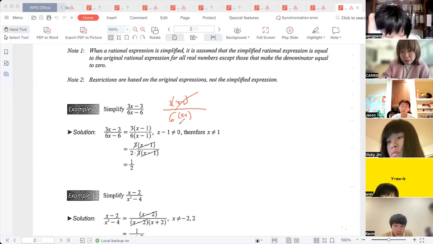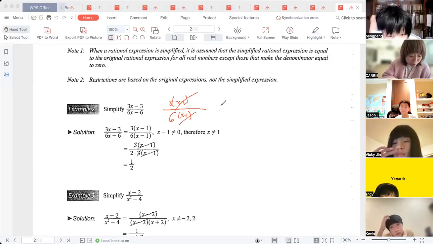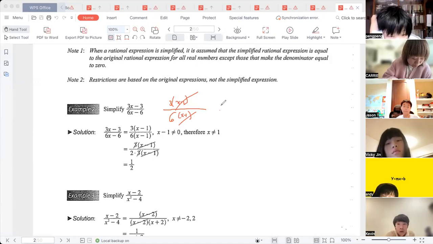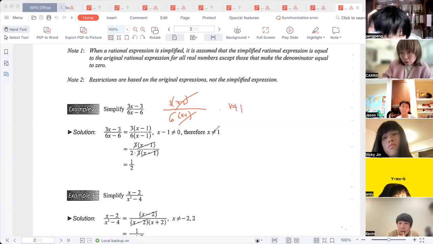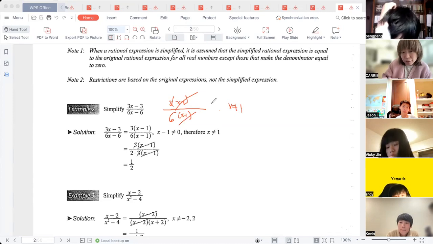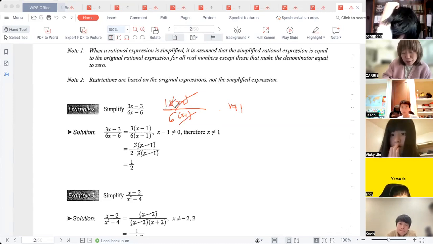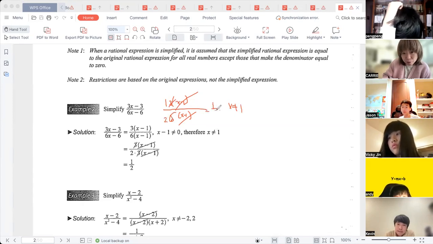But in order to cancel x minus 1, Kevin, there's a very important thing: x cannot equal 1. Get it, Kevin? Get it, Andy? Because if it is 0, you cannot divide. And 3 divided by 3 equals 1, and 6 divided by 3 equals 2. So the answer is 1/2.